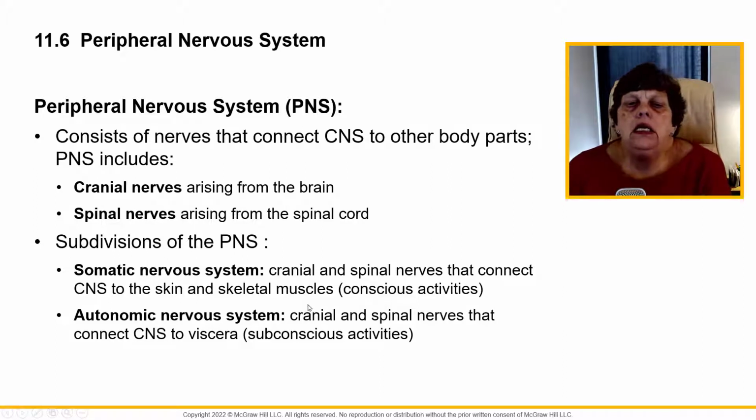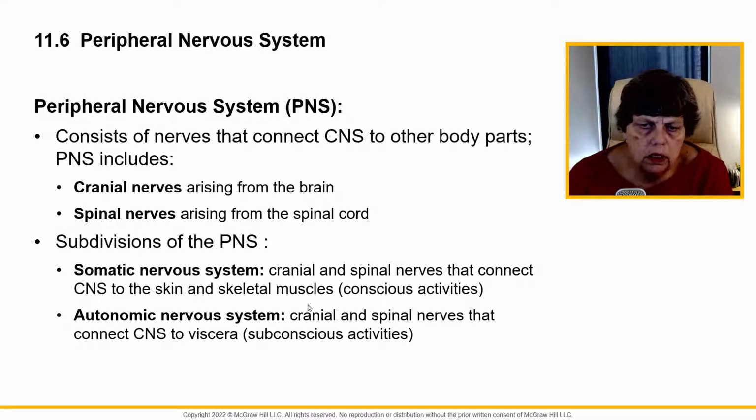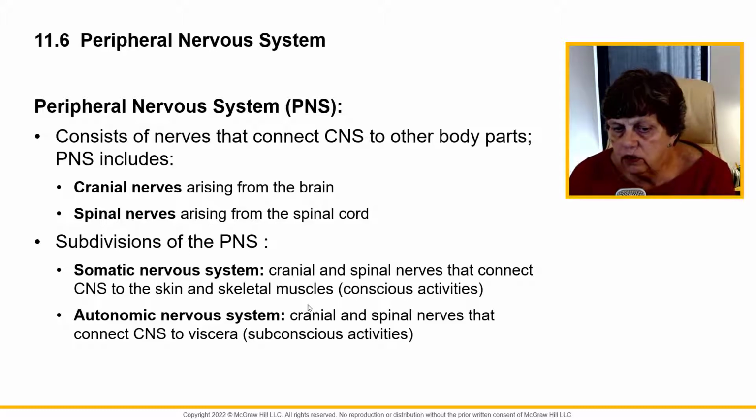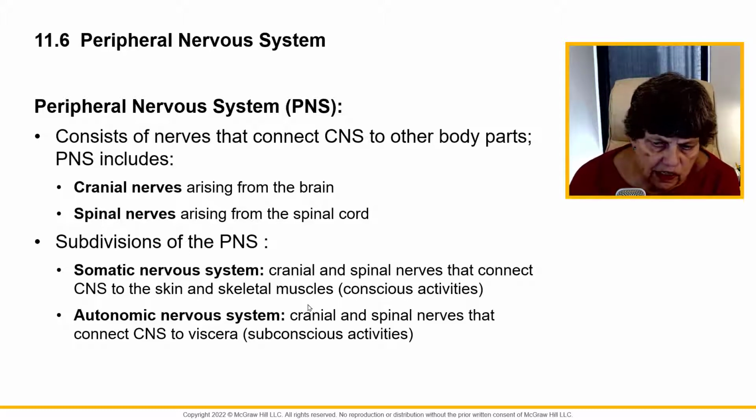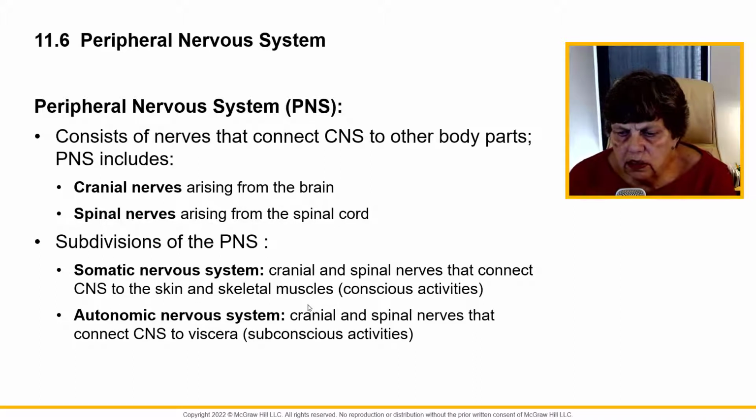All right. So peripheral nervous system, these are nerves that connect to the central nervous system and other body parts. You have basically a couple of subdivisions of this, the somatic nervous system and the autonomic nervous system. The somatic nervous system are the cranial and spinal nerves that connect to the skin and the skeletal muscles. These are conscious activities.